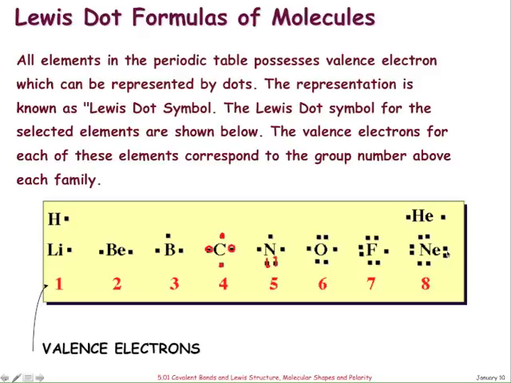Neon's perfectly happy and doesn't react because it's got a full octet. Helium is the only noble gas that doesn't have 8. It's satisfied with 2. So these are the Lewis dot structures for the elements. Pretty straightforward. You just have to figure out how many valence electrons there are and draw dots representing them.